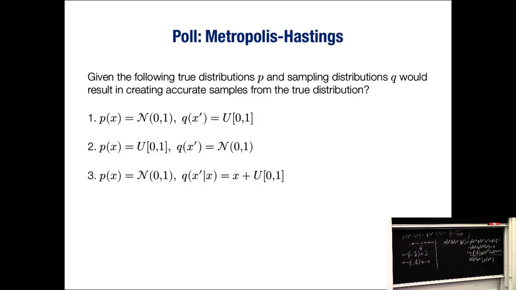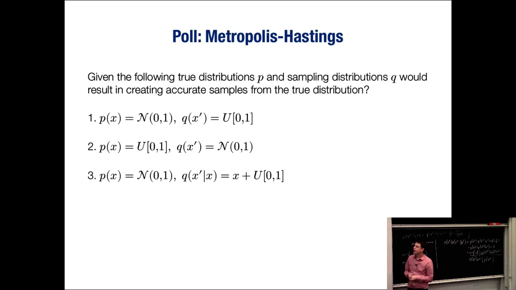I'm going to give three cases of really simple univariate continuous random variables that I want to sample from. And I'm going to talk about a proposal distribution and the true distribution.